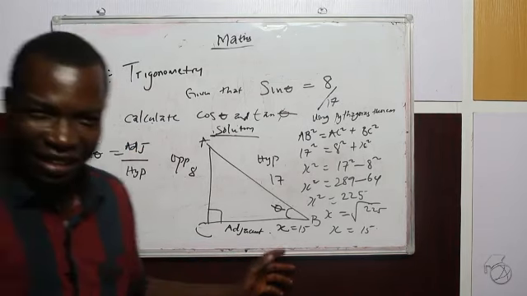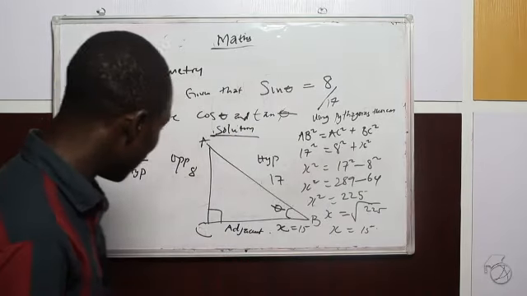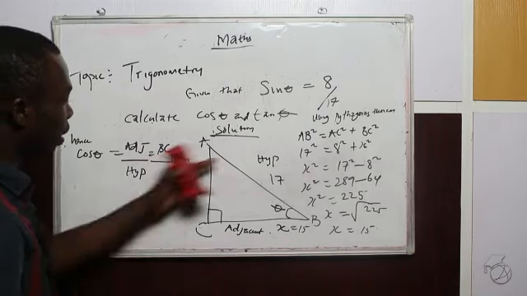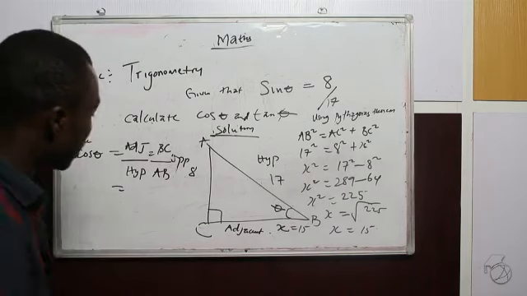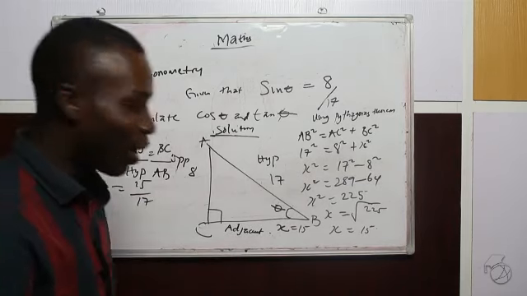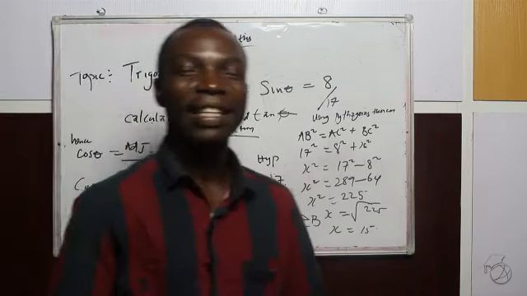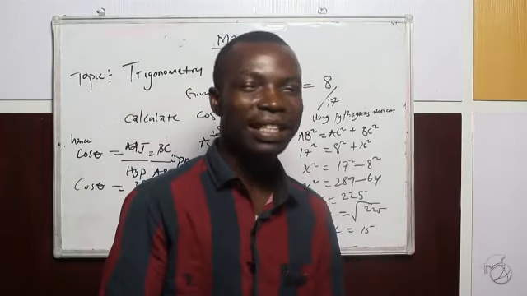What is the adjacent? The side x that we calculated, which is BC, that is BC over hypotenuse AB, which is equal to, what is BC? That is 15 over 17. Wow. Cos theta is equal to 15 over 17. Therefore, we can now calculate tan theta.